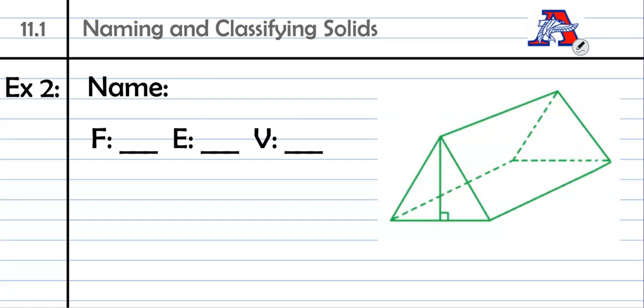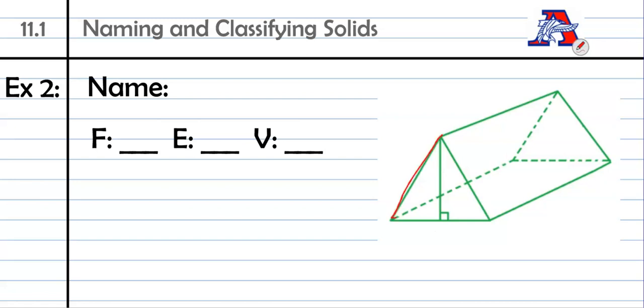I put this one on here on purpose because this one tends to trick people sometimes, okay? So I think why this one is tricky to people is they see triangles and are like, that's a pyramid. It's not a pyramid, okay? It's actually a prism. It's not a pyramid because it doesn't have that one pointy top. This does not look like something that you would see in Egypt. This looks like a tent, okay? So not a pyramid.